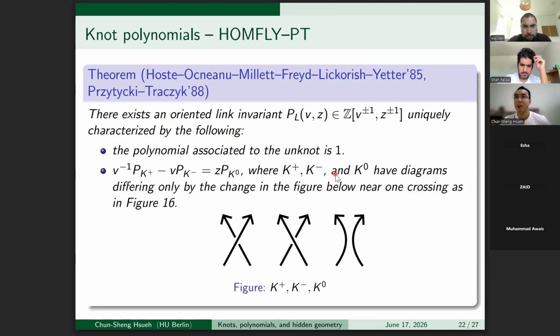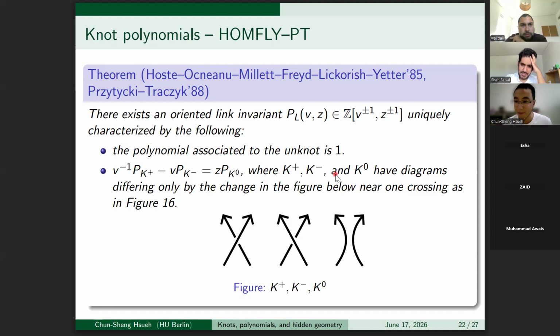For example, the Alexander polynomial couldn't distinguish knots from their mirrors. Sometimes the mirror image of a knot is not the same knot again, but the Alexander polynomial couldn't distinguish them, while the Jones polynomial was able to. And now the Homfly polynomial generalizes both of these.